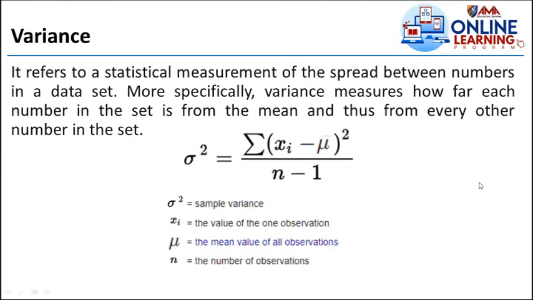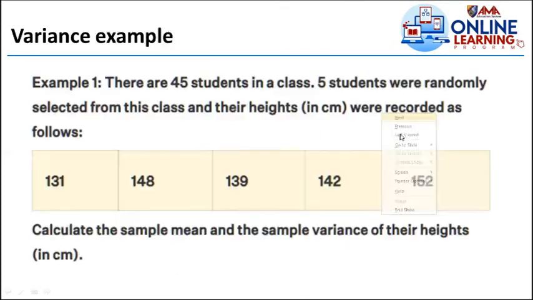So the formula, sigma squared is equal to the summation of xi minus mu squared divided by n minus 1, where sigma squared is your sample variance, xi the value of the observation, mu the mean value of all observations, and n the number of observations.